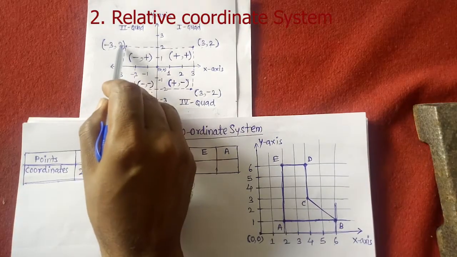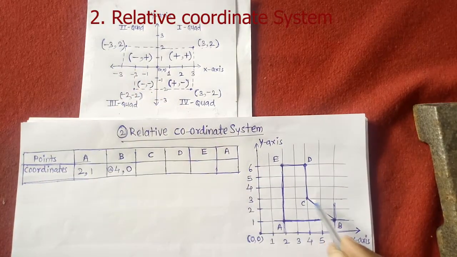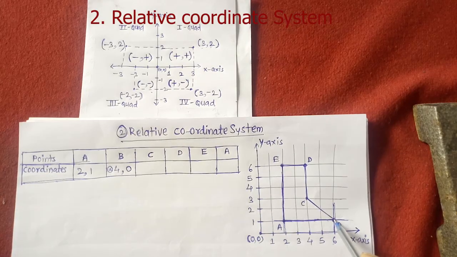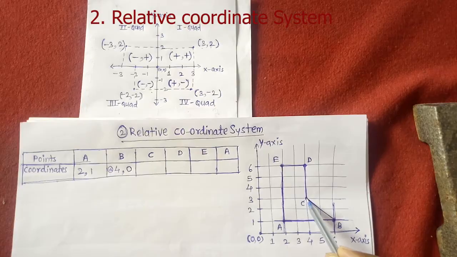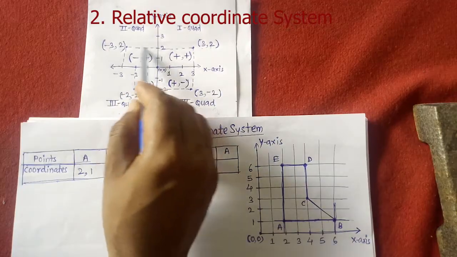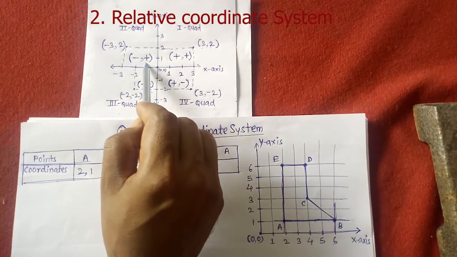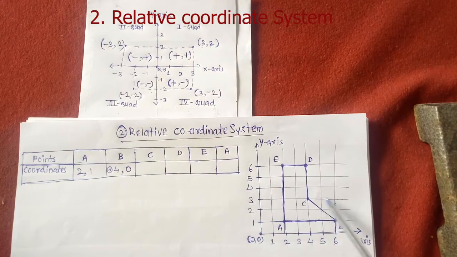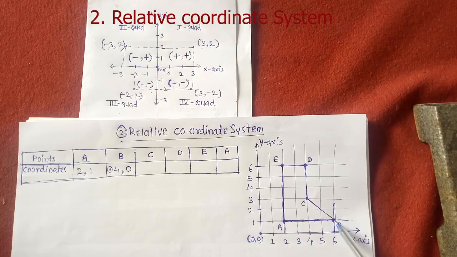So the x coordinate of this C will be negative and the y coordinate will be positive, as I have explained earlier. X coordinate is negative and y coordinate is positive in the second quadrant, as we are considering this B as an origin.